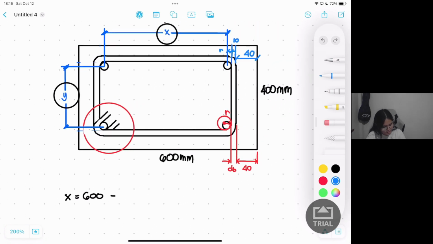Okay? So again, i-minus natin 40. I-minus din natin diameter na 10, and then the radius na 4 dB, which is 4 times 10. And remember, itong values na to, kailangan natin siyang i-multiply by 2 kasi both sides na may mga ganto.